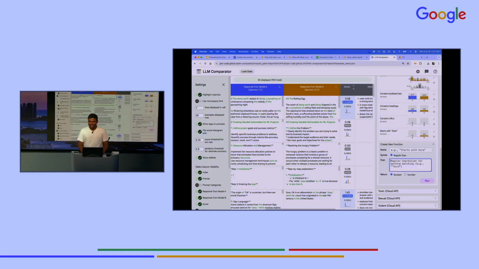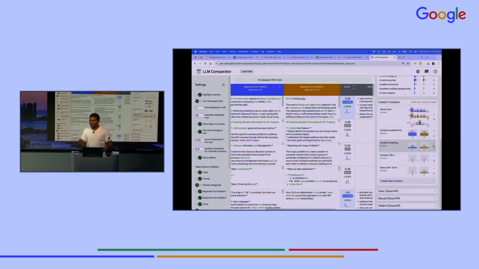There's a paper out there, or some study somebody did, which found that most of these models are starting to add some new kind of words in there. I forgot the word, but this is a good example: it starts with "sure." When you ask somebody a question, they don't say "sure" and then answer the question.